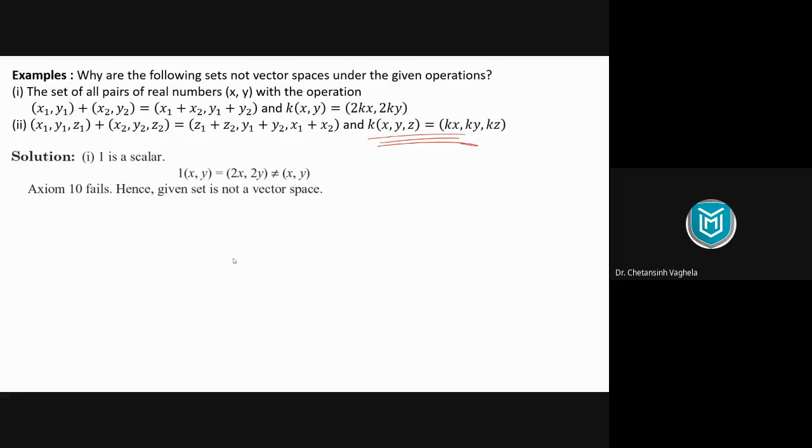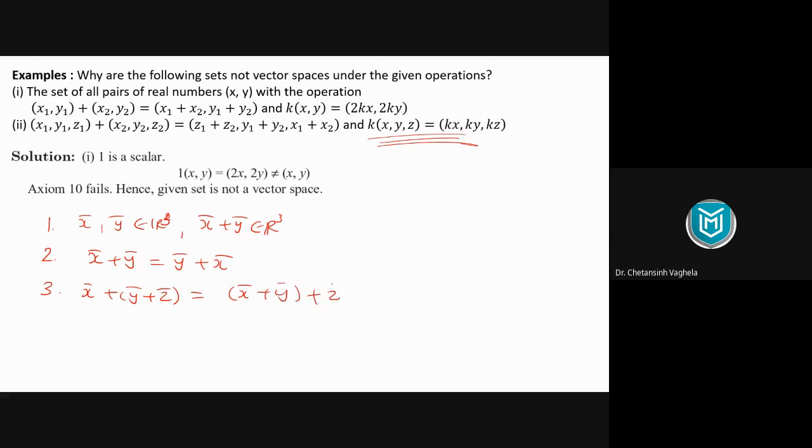Okay, Raj says he wants to see conditions. Let me write here. Condition number 1 is the closure property. That means if I take two vectors x bar and y bar from R3, then x bar plus y bar should again be part of R3. Second, x bar plus y bar equal to y bar plus x bar, commutative property. Third one, associative: x bar plus (y bar plus z bar) is equal to (x bar plus y bar) plus z bar.